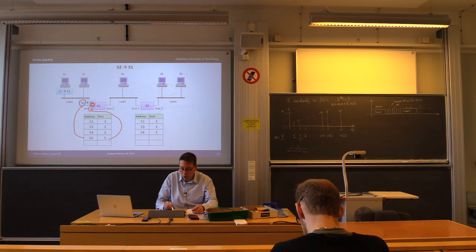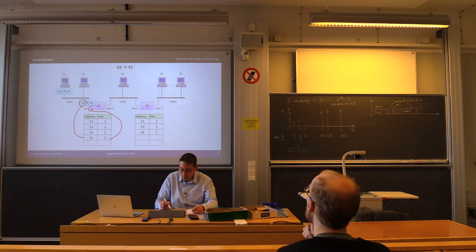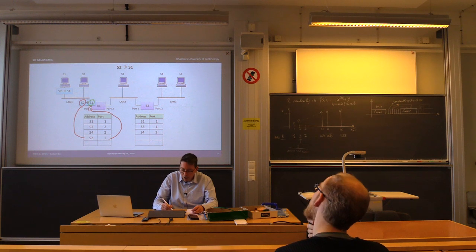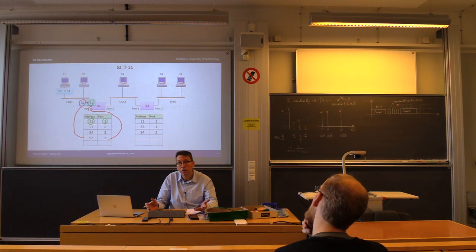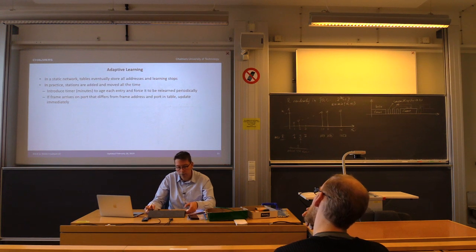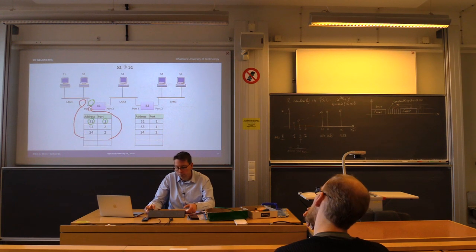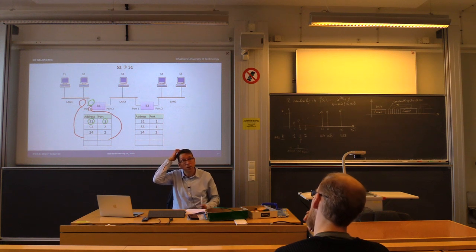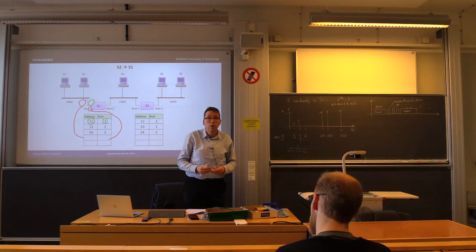I also know that S1 is on port 1, so I do nothing. I learned something, but I do nothing with the packet as such. Right. So any questions on this learning strategy?